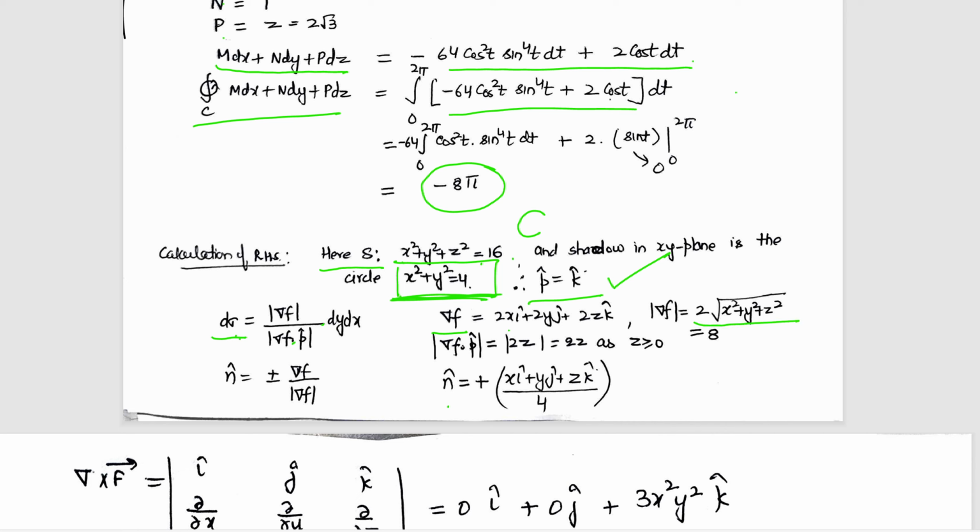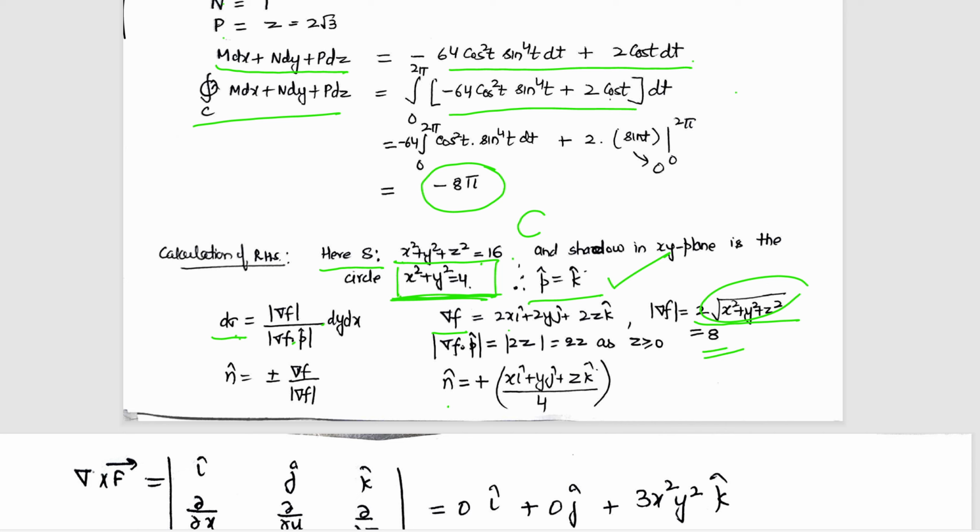It's equal to this function. Now the important thing to notice is that this point x, y, z lies on the sphere, and for every point on the sphere, the sum of squares of x, y and z is equal to 16. Therefore, this value will be equal to 8.